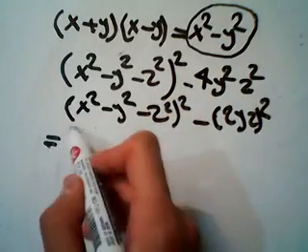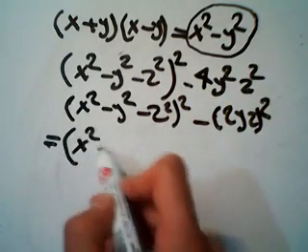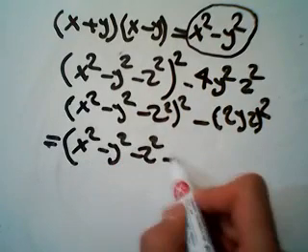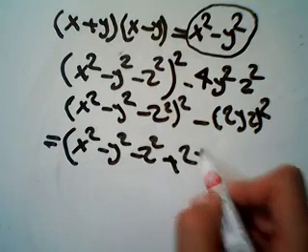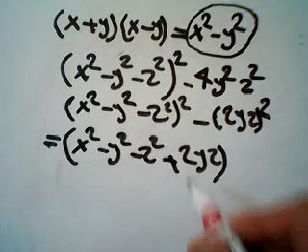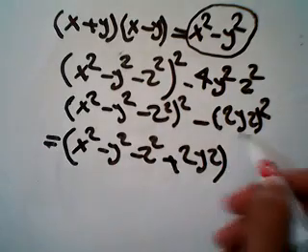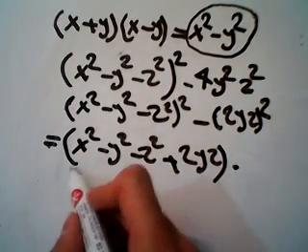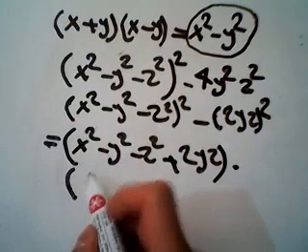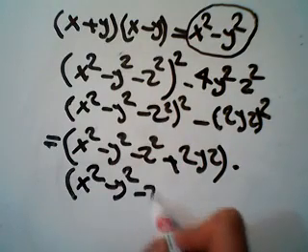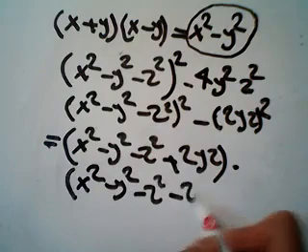So that would be x squared minus y squared minus z squared plus 2yz, times, let me write the second one here, x squared minus y squared minus z squared minus 2yz.